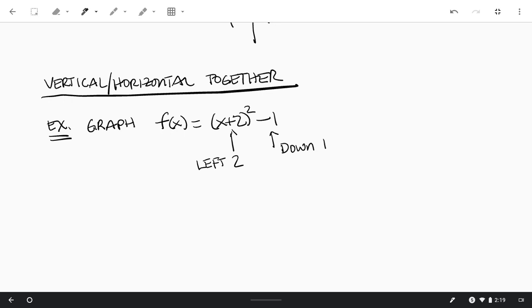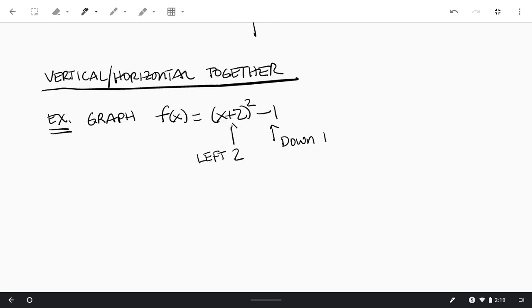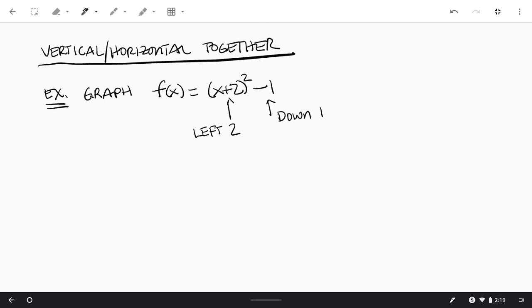Yes, so that's the one that I said is a little counterintuitive. It's pretty much the opposite direction. It's kind of like if you're trying to figure out what you would need to do to get back to 0: you would have to subtract 2, so you'd go 2 to the left. Okay, so let's go ahead and graph this.